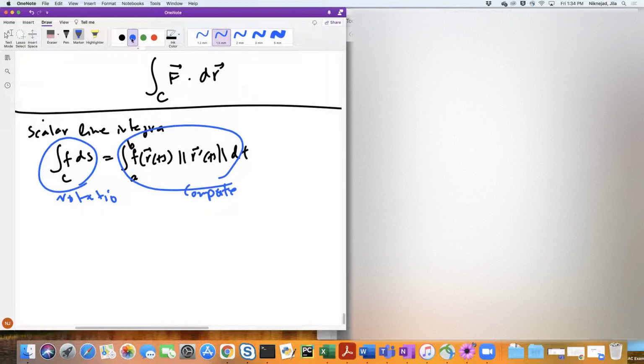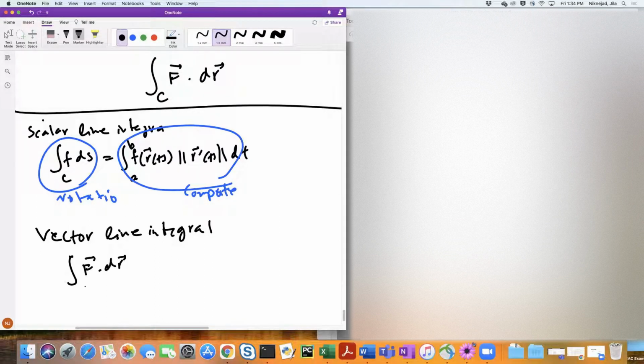The next part is the vector line integral. And for the vector line integral, you use f dot dr. And that's the notation.